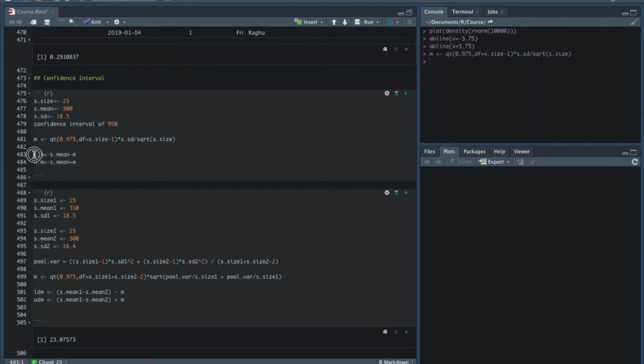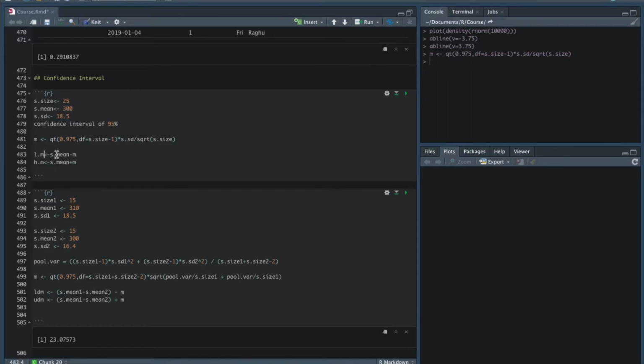And then if we want to find out the lower limit of the population mean: if the sample mean is 300, we cannot exactly calculate the population mean, but we can give a range, that the population mean will be between so and so.